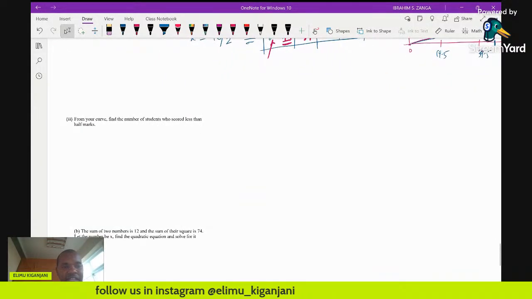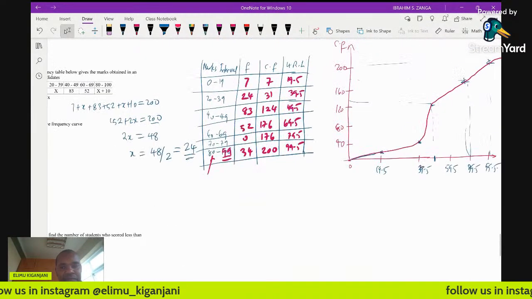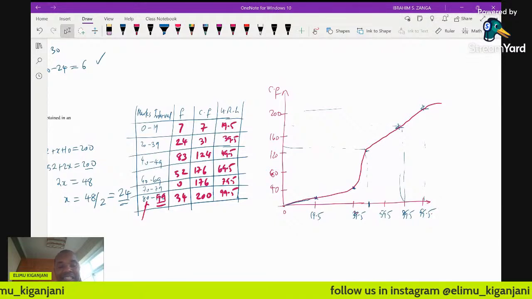Then from your curve, find the number of students who scored less than half marks.